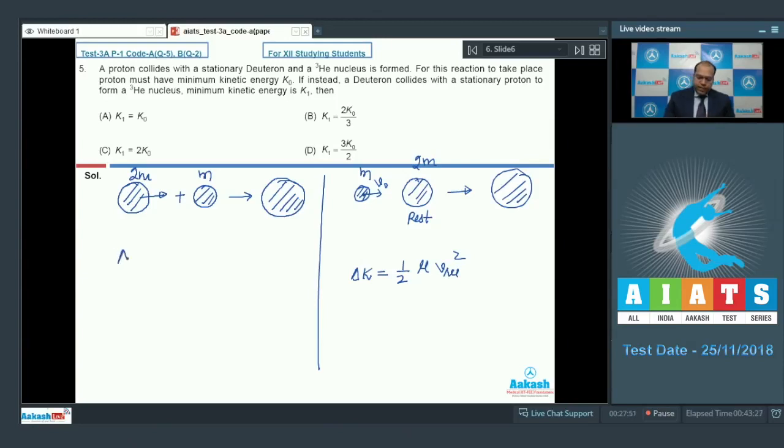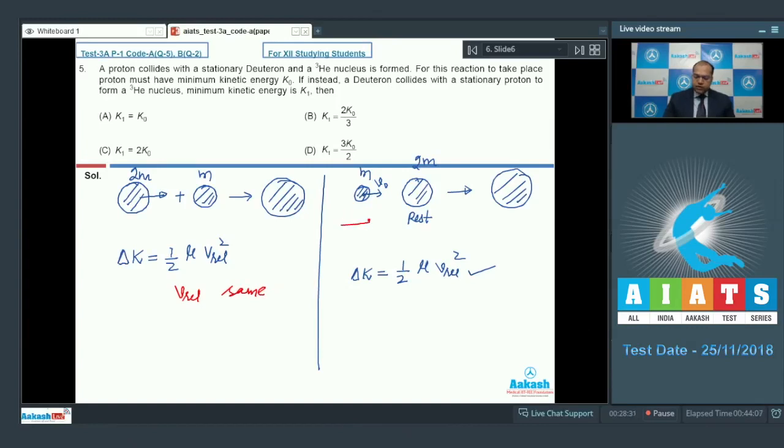So the delta K for this process must be equal to what we have calculated in the first process, that is half into mu into v relative square. Since the delta K of both processes must be the same and the reduced mass of both processes is the same, we can see that v relative must be the same in both cases.